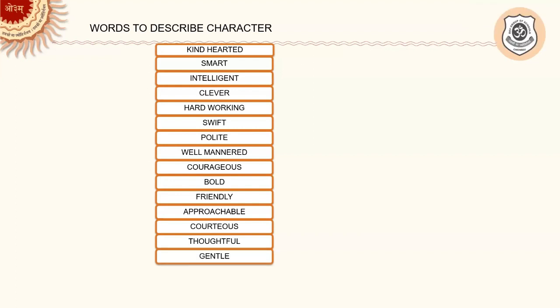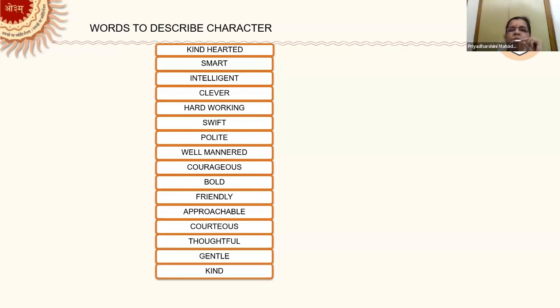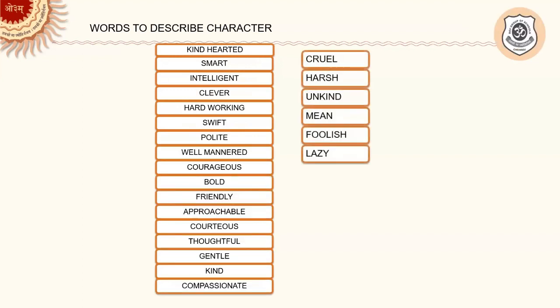These are the positive characters we always tell the children. Sometimes we come across some characters like this also: cruel, harsh, unkind, mean, foolish, and lazy. So 2 or 3 words also you can teach them, not more.